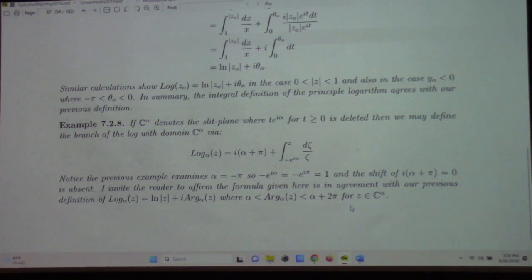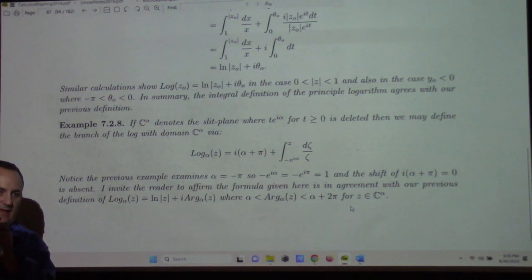I would point out, I thought about this for a little bit. I'm about 95% sure this example is right, but I think we can define log sub alpha of z by the integral from e to the minus i alpha to z. So think about this: for log alpha, we delete the ray at angle alpha, so multiples of t e to the i alpha.